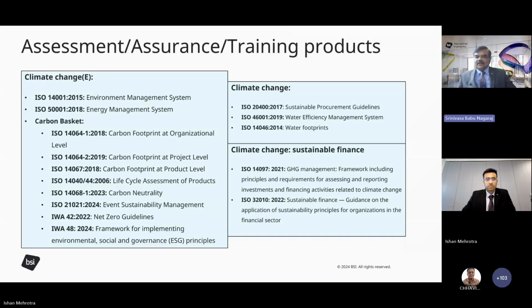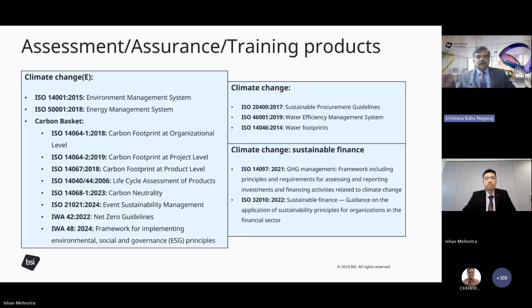Does it mean there is nothing that exists? Yes, there exists the ISO 14064 series, which provides guidance and requirements for quantifying, reporting, and verifying GHG emissions. But it is not a full-fledged certifiable management system like ISO 50001. It focuses more on measurement and verification than a systematic management process.